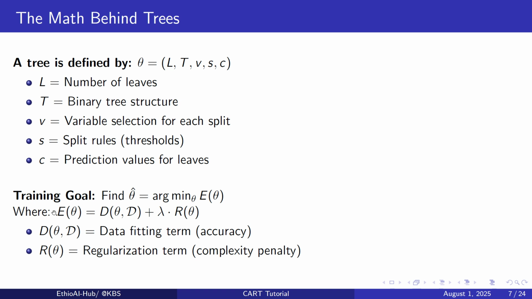So basically this is a general formula: the data fitting term, or accuracy, and the other term is the regularization term, or complexity penalty. So basically we penalize the fitting so that we avoid overfitting, and yeah, complex ምን ማለት እንደሆነ እናያለን.